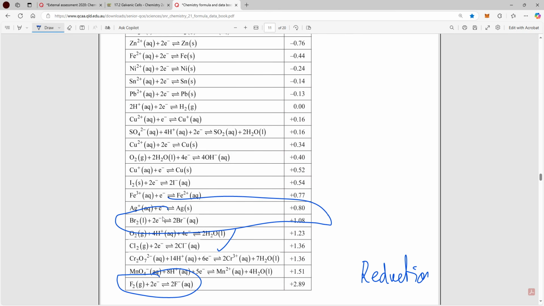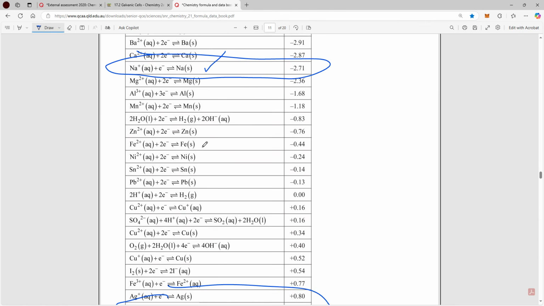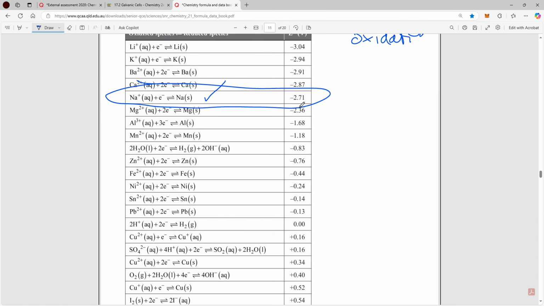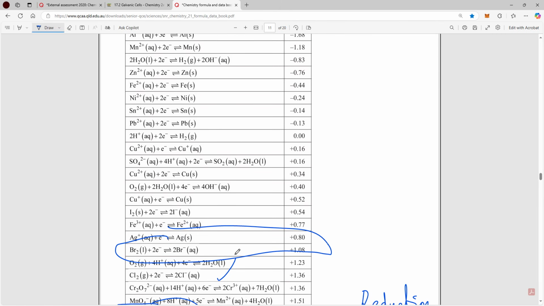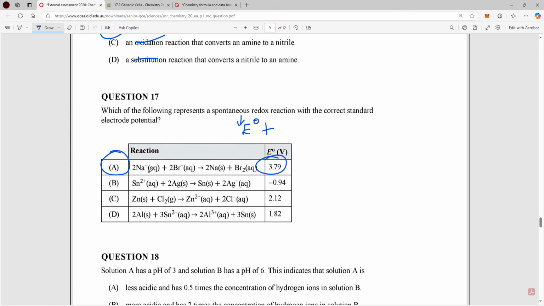So we have 1.08, this, and then we have 2.71. Now, which one's undergoing oxidation and reduction? If we look back on our thing, the sodium is gaining an electron, so it's undergoing reduction. The bromine is going from a negative charge to neutral, so it's lost its negative charge, so it's undergoing oxidation.